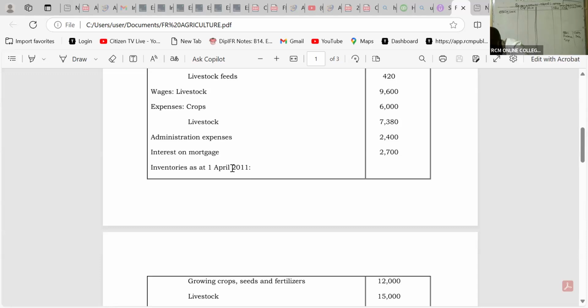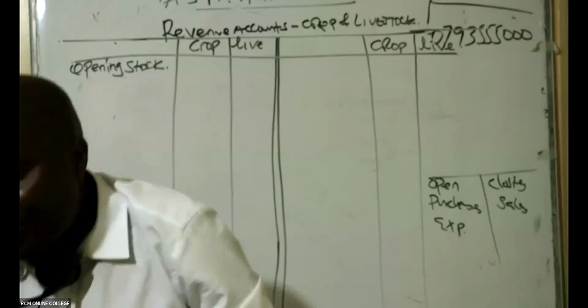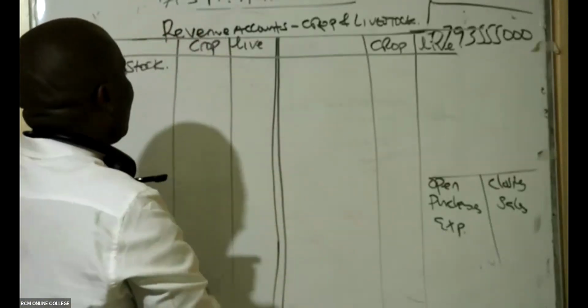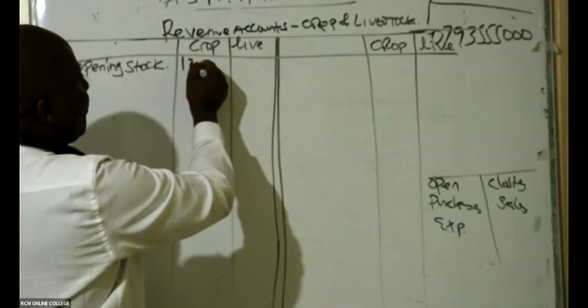These are opening stocks. I can see growing crops, seeds, and fertilizers, 12,000. This 12,000 amount will be put under crops. So opening stock for crops, with their fertilizers and everything, is 12,000.